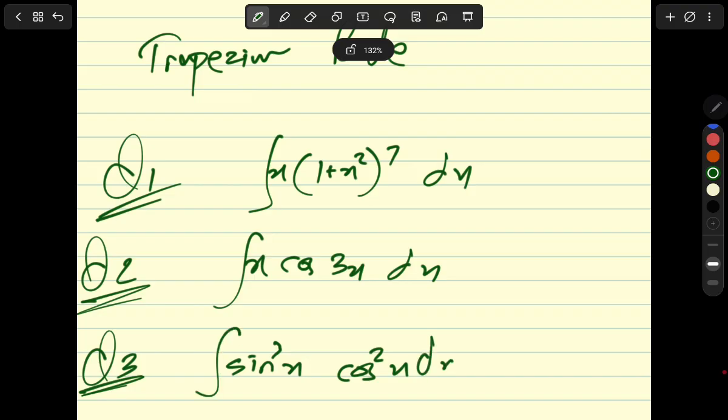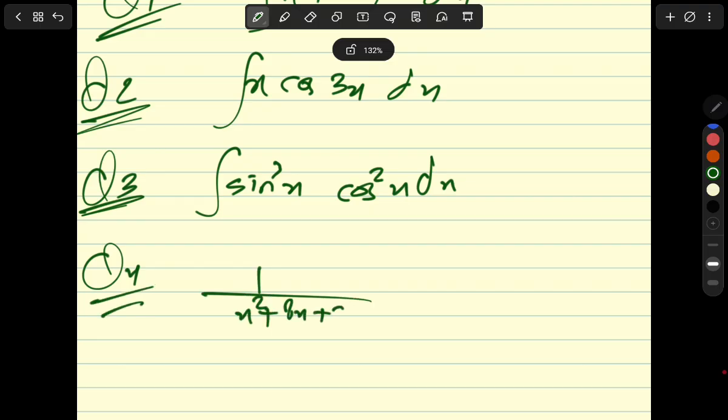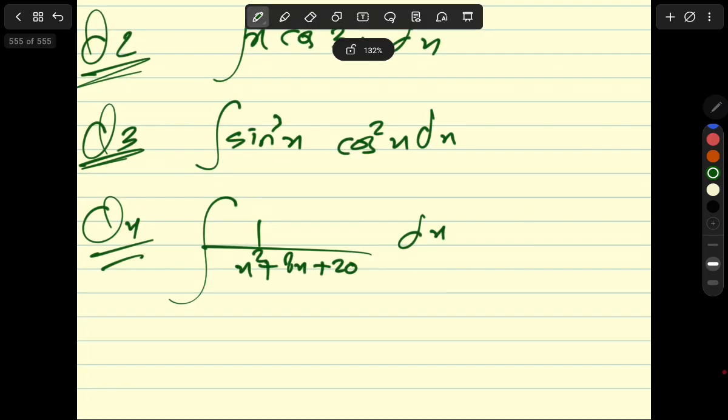If you did the lecture, you should know how to do it. And let's do 1 upon x squared plus 8x plus 20. Very easy. This should be inverse trigonometric.